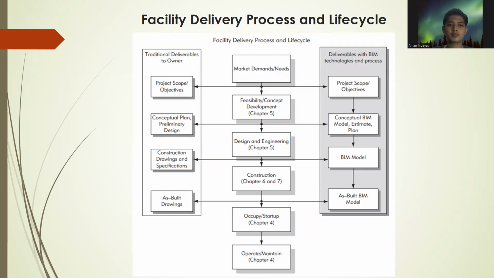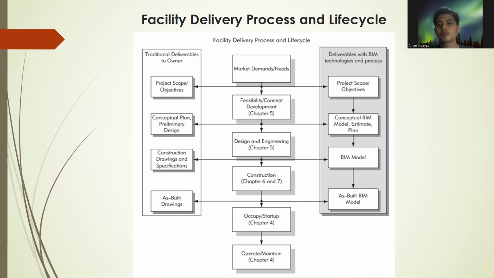This is the facility delivery process and life cycle. On the left, there is the traditional deliverable to owner, and on the right, the deliverable with BIM technology and process. In the traditional deliverable, there is a project scope, a conceptual plan, contractual drawings and specifications, and as-built drawings.